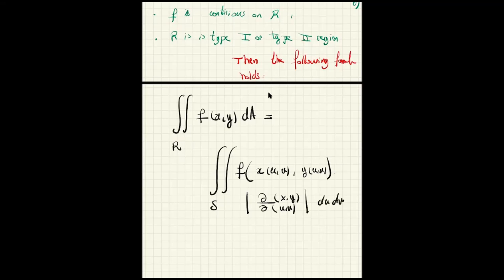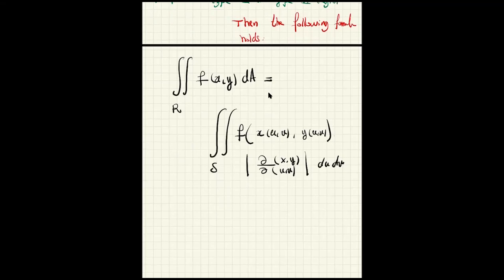Because the Jacobian is a function of u and v. So I'm going to say remark: the Jacobian is a function of u and v, okay?